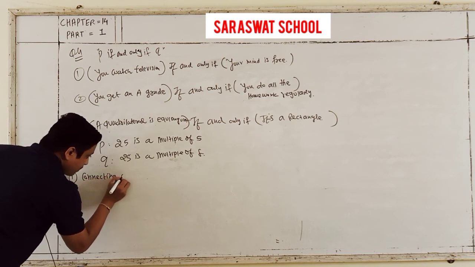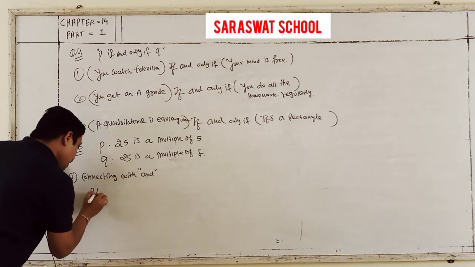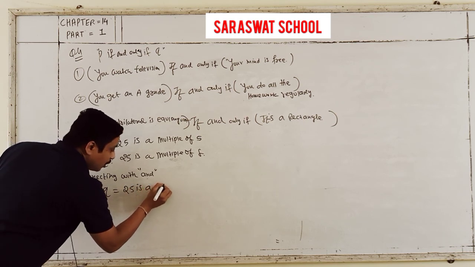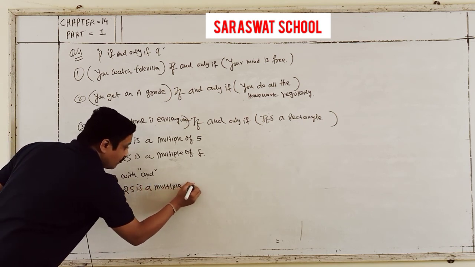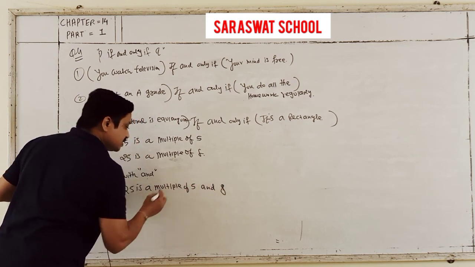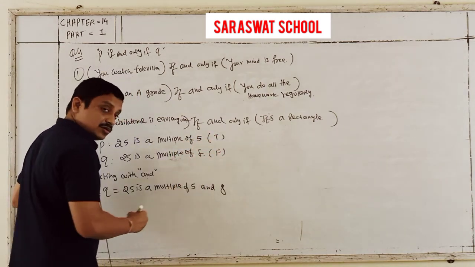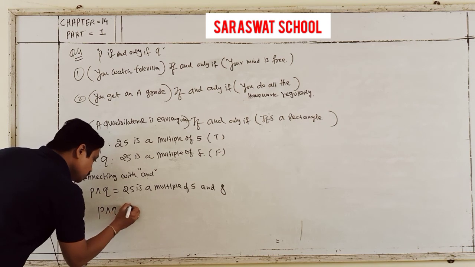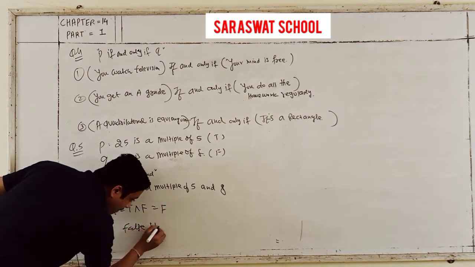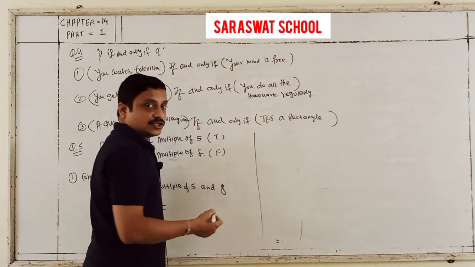Very easy, P and Q: 25 is a multiple of 5 and 8. That's your answer, students. P is true, but Q is false. So my answer is P and Q, true conjunction false, the whole statement is false. That's your truth value.